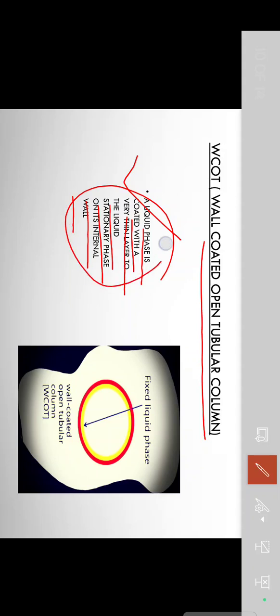Here a fixed liquid phase is coated, right? So then we move to the next slide.